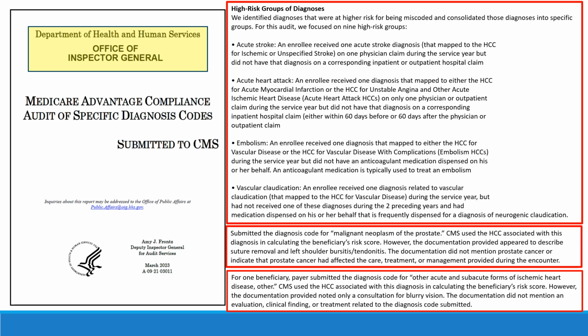So your data is being scrutinized, and you can see some examples here. A diagnosis code, the middle one, a diagnosis code for malignant neoplasm of the prostate was submitted on an encounter that was for suture removal and left shoulder bursitis.